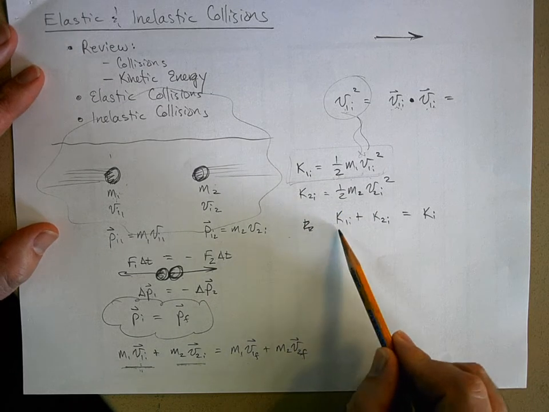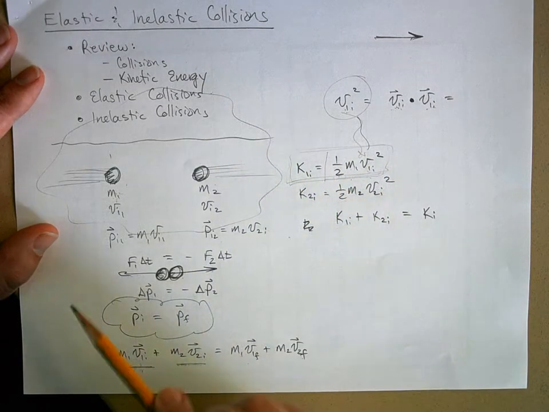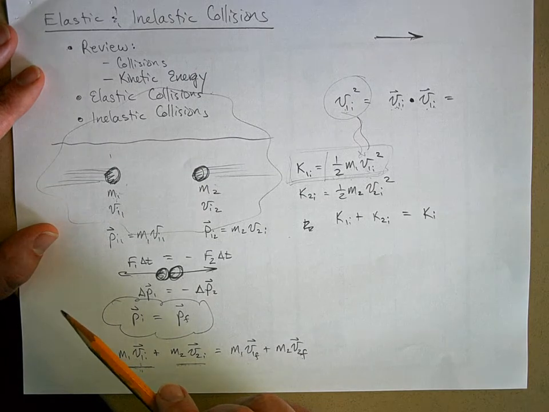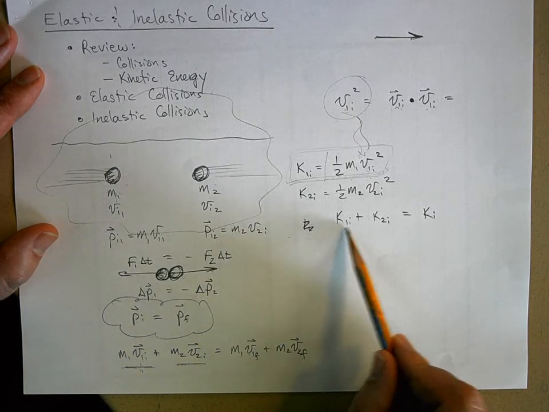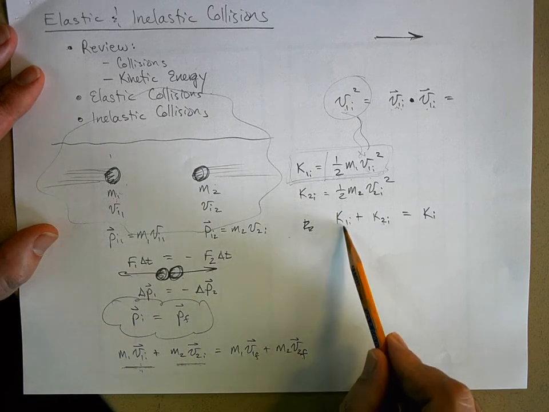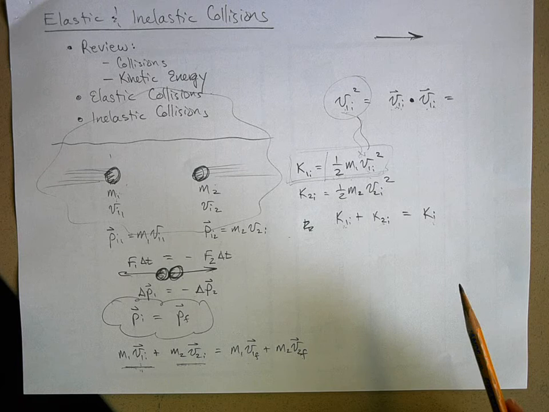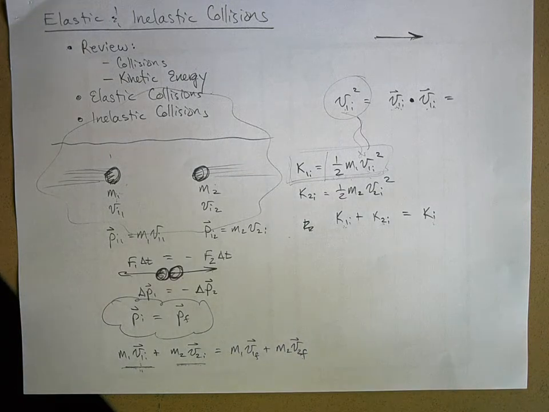Okay, so look, it's impossible for kinetic energy to be negative. Thus, if I add these two together, these will be positive. The initial kinetic energy of your system will either be zero, nothing's moving, it's pretty boring, or it's going to be a positive quantity.